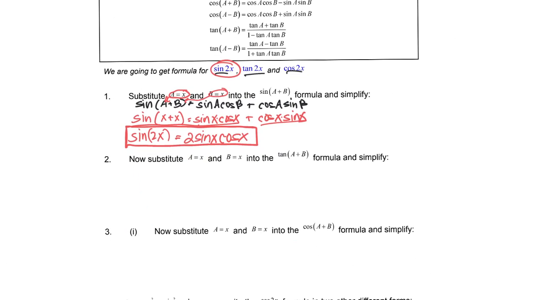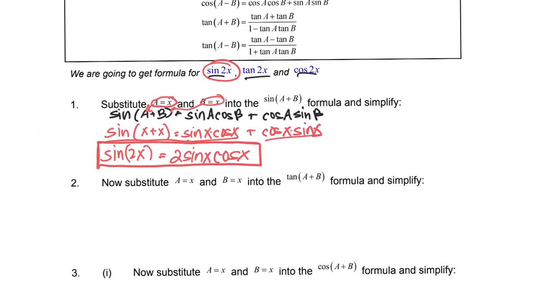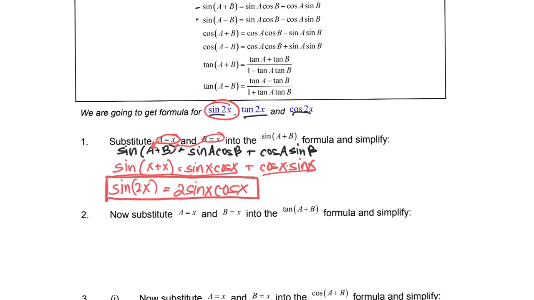All right, now we're going to do the tangent double angle formula. So I'm going to copy down our tangent of a plus b formula from above. Tangent of a plus b equals tan a plus tan b divided by 1 minus tan a tan b.